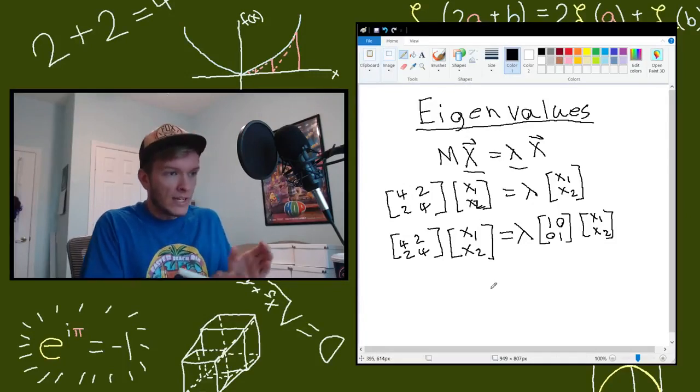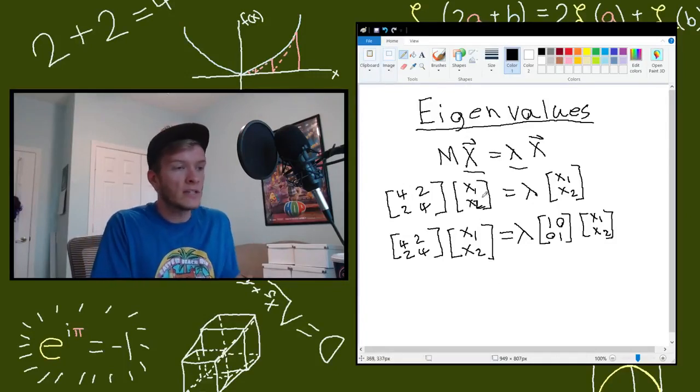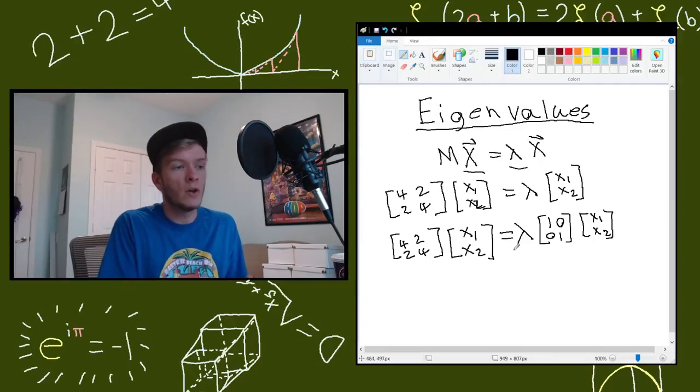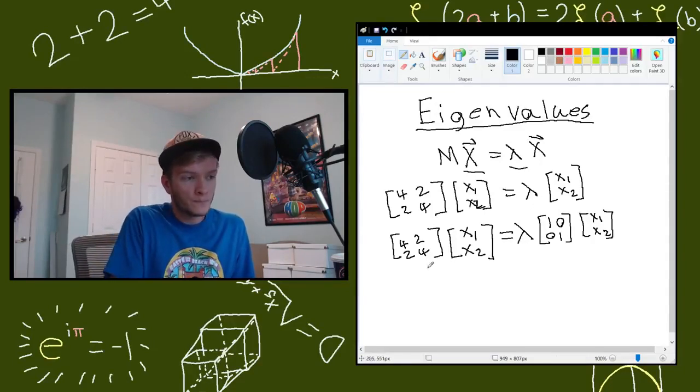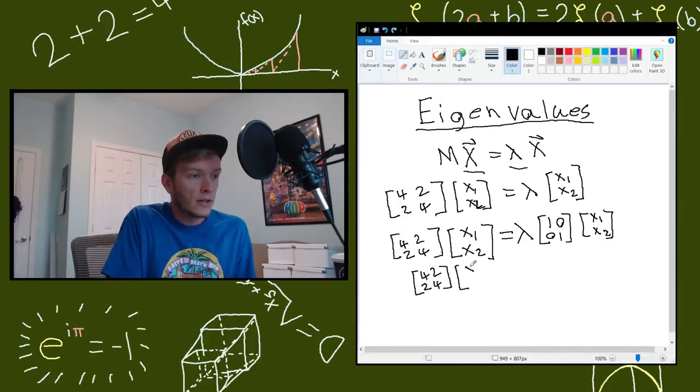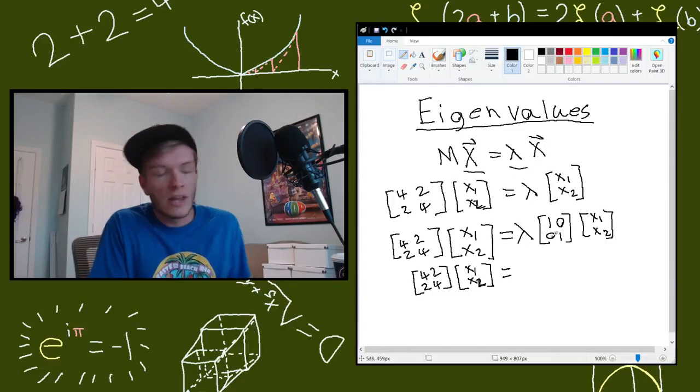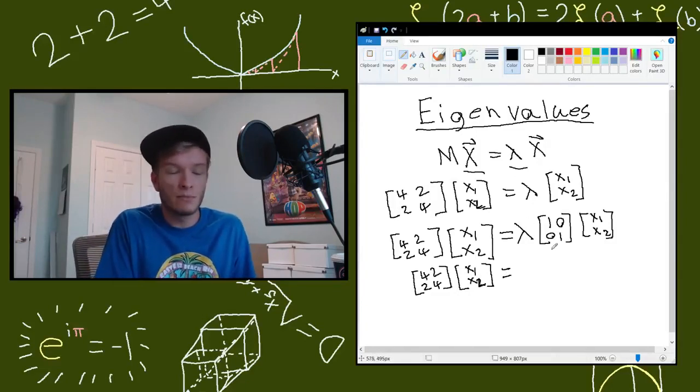So what we can do now that we've expanded this equation a little bit is, as I mentioned, multiply a scalar into a matrix. That's exactly what we're going to do. We're going to continue our equation. Sorry, this is a 2, 2, 4, and then our vector x1, x2. I am bad at drawing 2's today. And now we are going to multiply this scalar into this matrix.